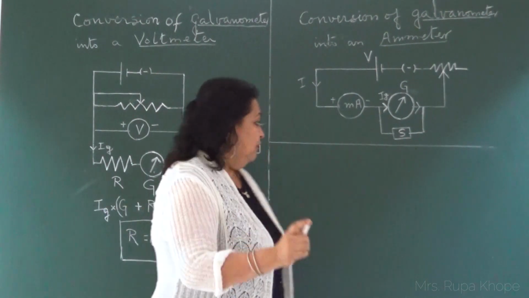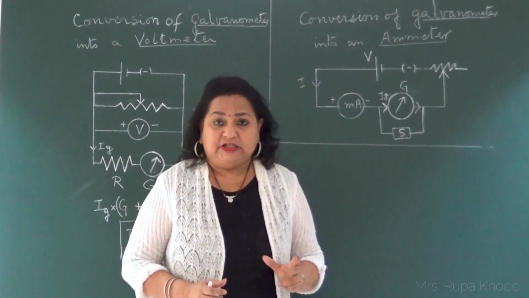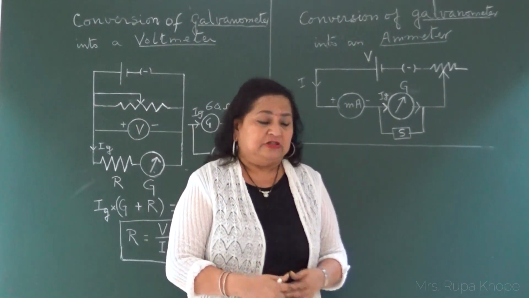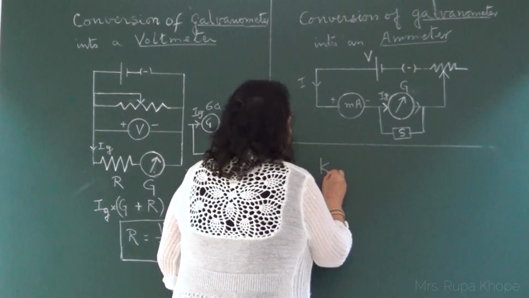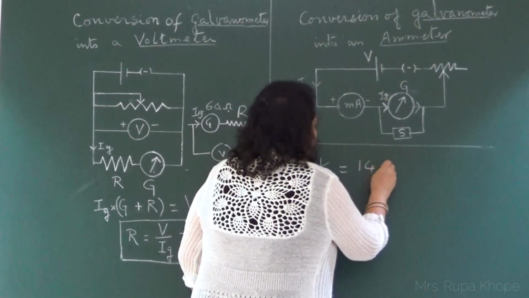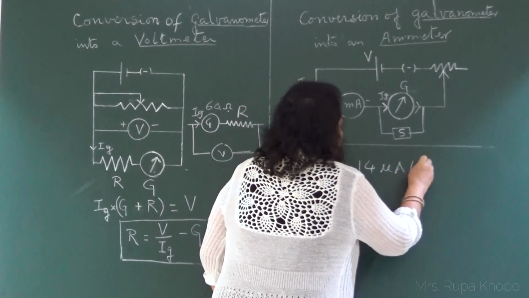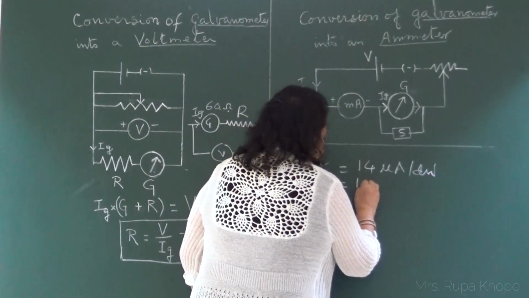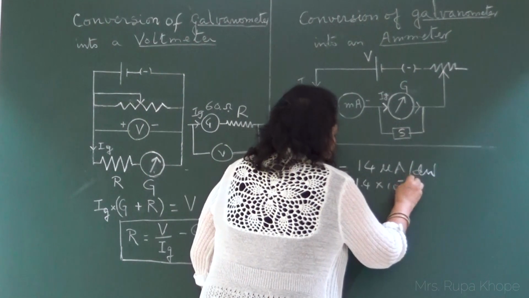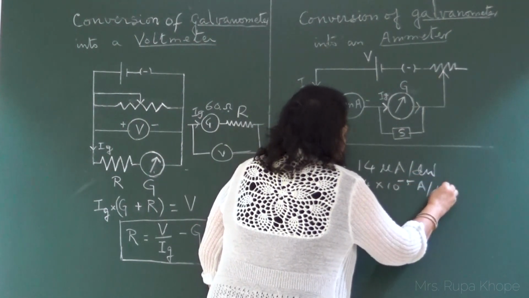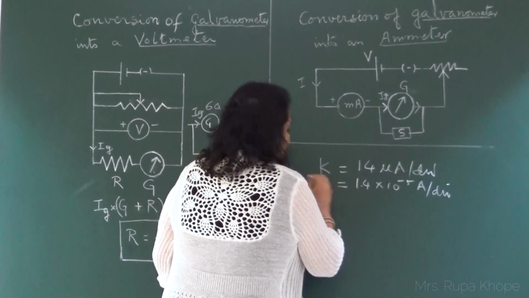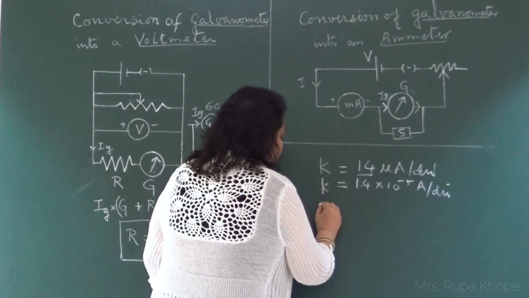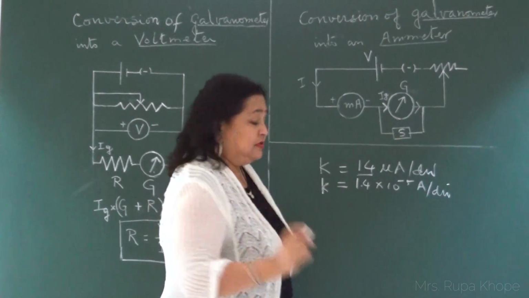Now today we have got one new galvanometer, and what I did is I found out the figure of merit of that galvanometer. I found the figure of merit K is equal to 14 microamps per division. That means it is 1.4 into 10 raised to minus 5 ampere per division. This is my figure of merit. So let's take this. We know very well a galvanometer has total 30 divisions.